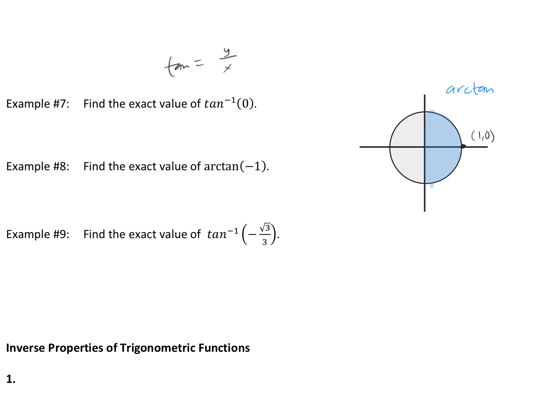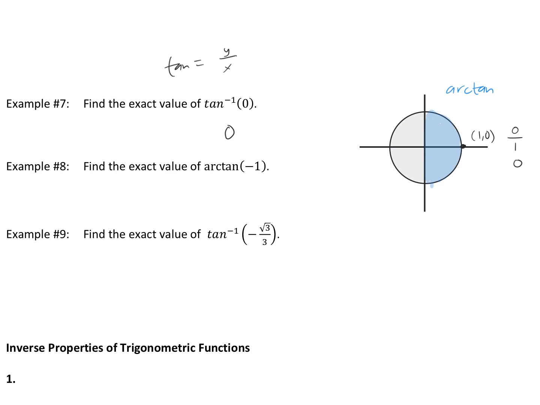So if I found tangent is y divided by x, this is 0 divided by 1, and then I do end up getting 0, right? So your tangent inverse of 0 is just 0, because 0 divided by 1 is 0.